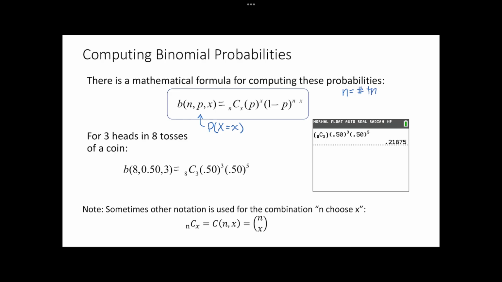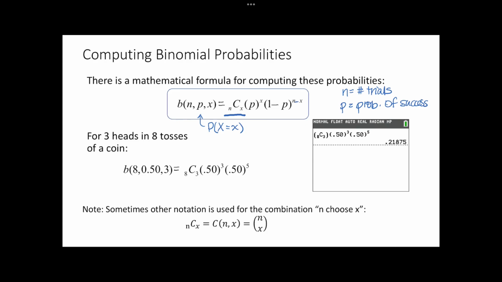So n is the number of trials, p is the probability of success. And the formula says it's n choose x, that's what this symbol means, times p to the power x times 1 minus p to the power n minus x.